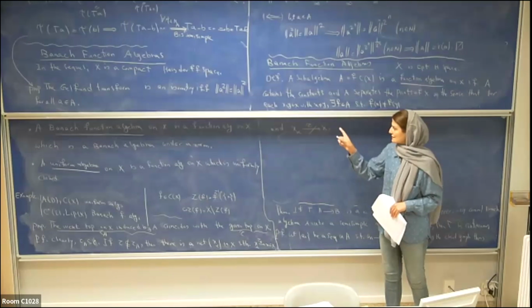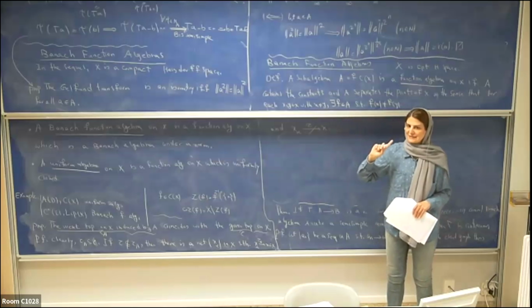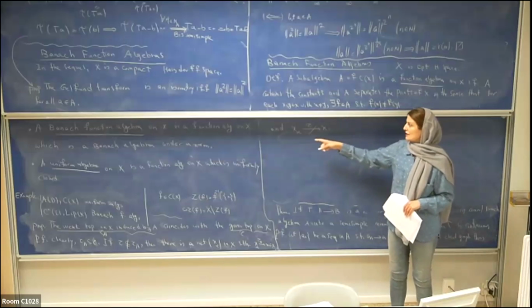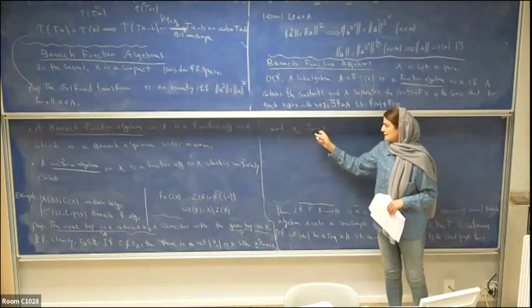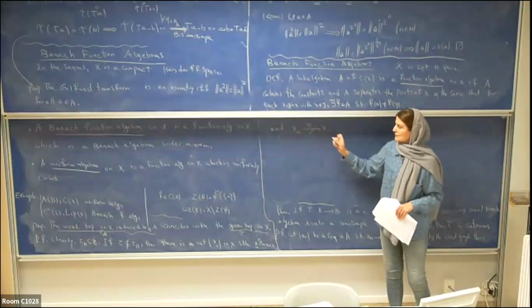And since X is compact, there exists a convergent subnet for x_alpha, but the limit definitely is not x.